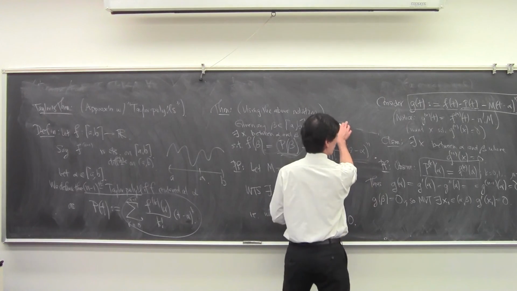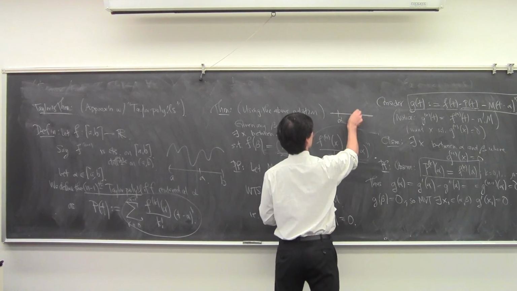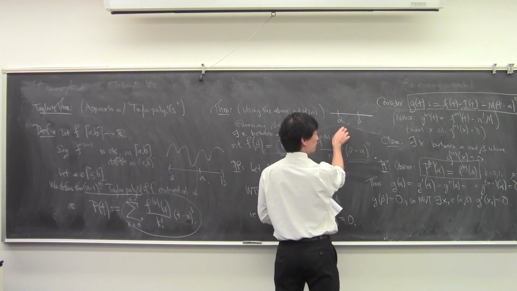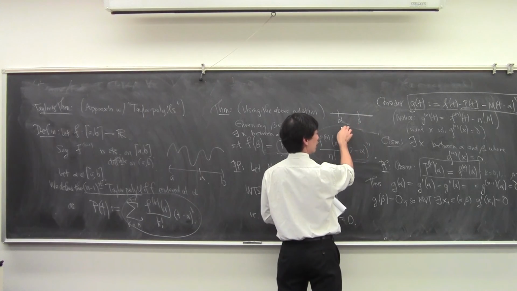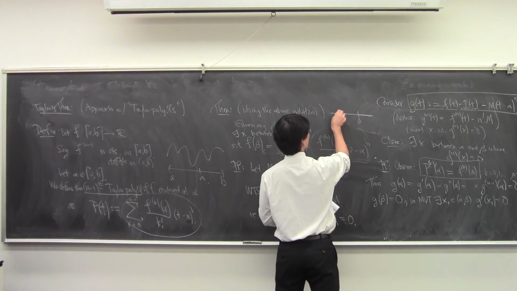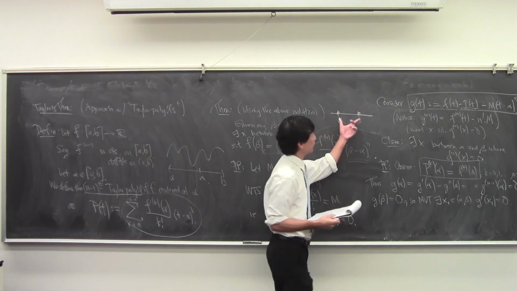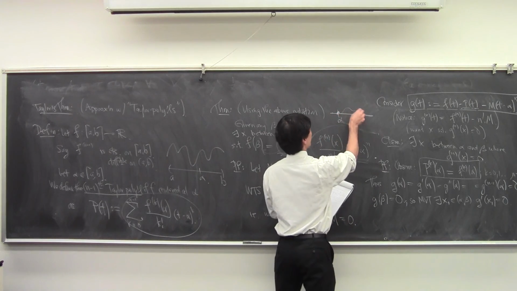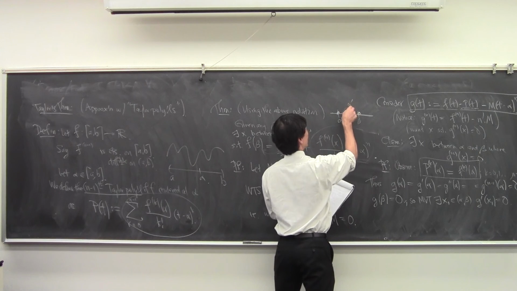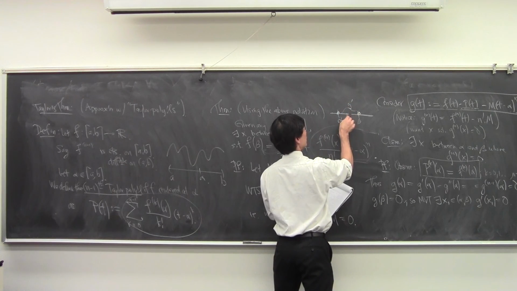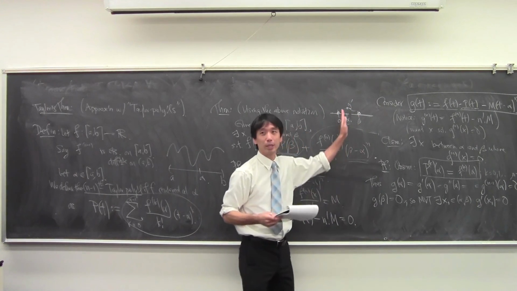Look like this: here's alpha, here's beta. g of alpha is 0 and g of beta is 0. So there's some point in between where g prime is 0. There's some point x1 where g prime is 0.